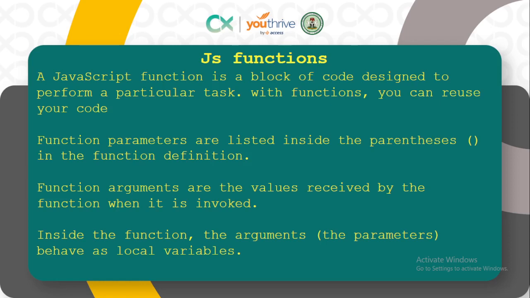The arguments are the ones that you put in the parentheses when you are invoking the function, when you want the function to run. That is just the slight difference.